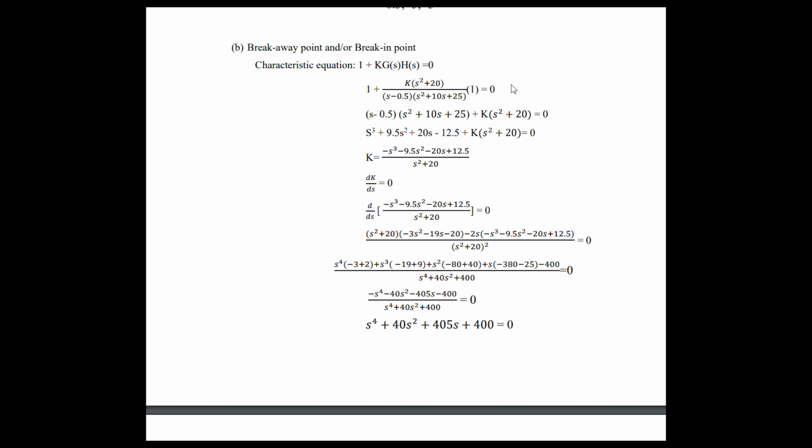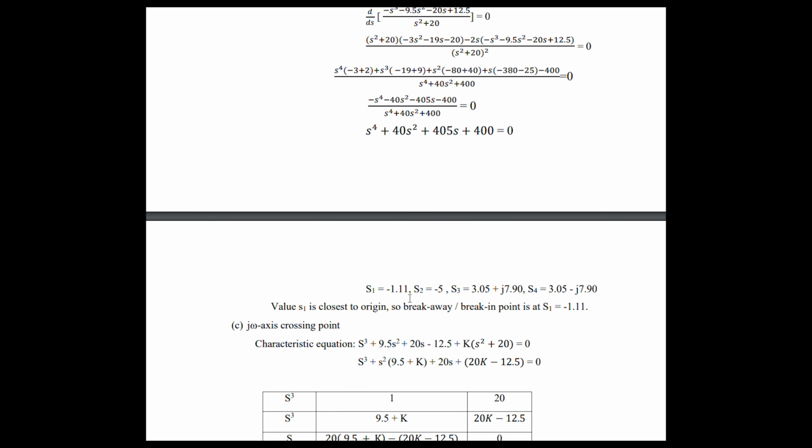We substitute the transfer function into the characteristic equation to find the value of K, then differentiate with respect to s, and we get s^4 plus 40s plus 405s plus 400 equals 0.